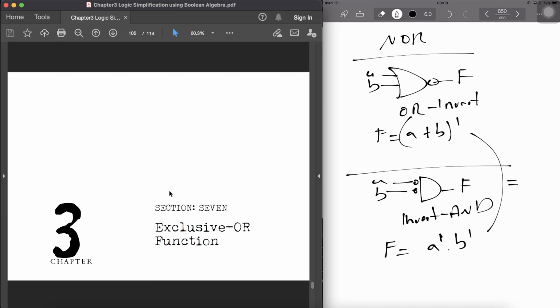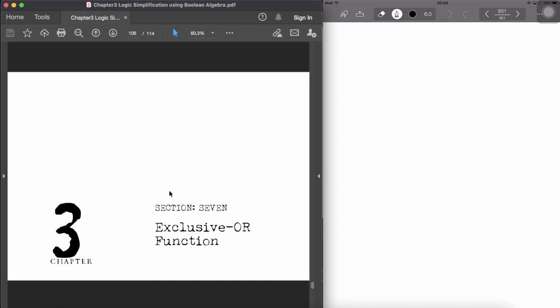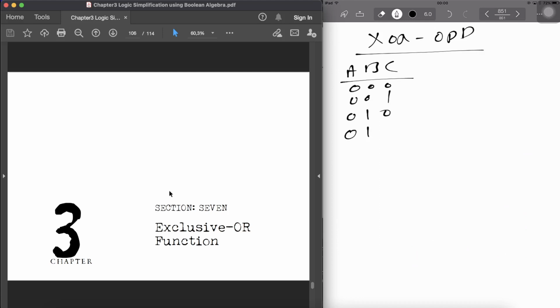Okay, so the last part of this chapter is about exclusive OR functions, which we already said that XOR is an odd function. Okay, so ABC: 000, 001, 010, 011, 100, 101, 110, 111.